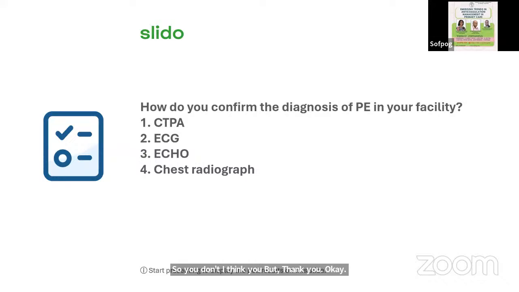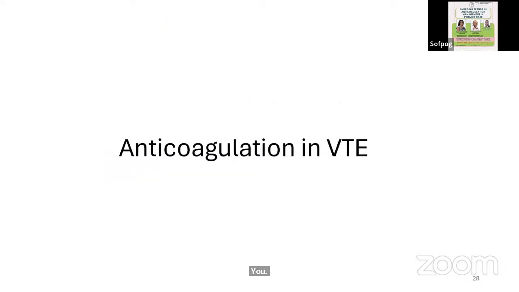This was my next slide, but we can do it now. How do you confirm the diagnosis of PE or DVT? Do you use the CTPA, ECG, echo, or x-ray? All right, so we go to anticoagulation.